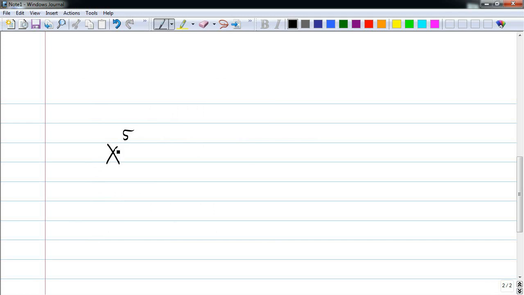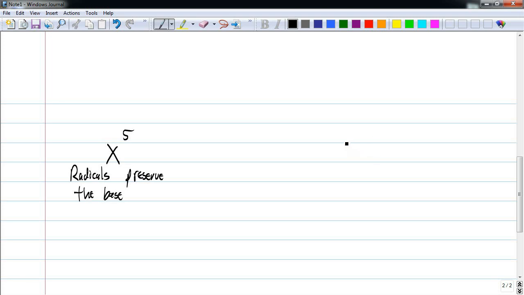I might want to know that. So I would take a radical, because radicals preserve the base of the exponent. They get rid of the exponent and preserve the base.